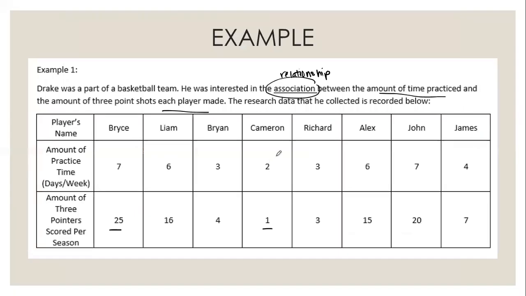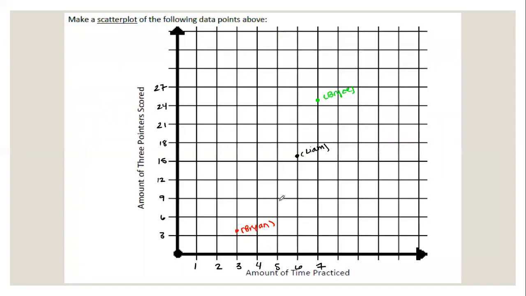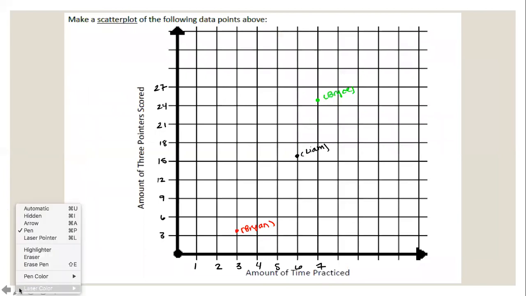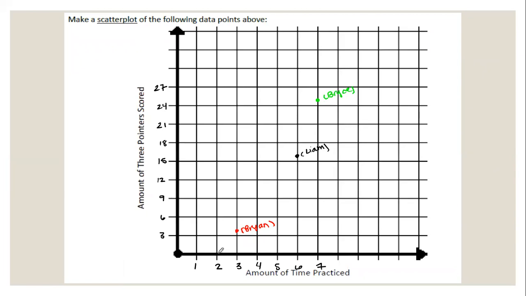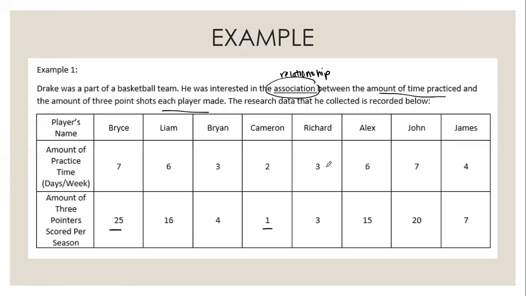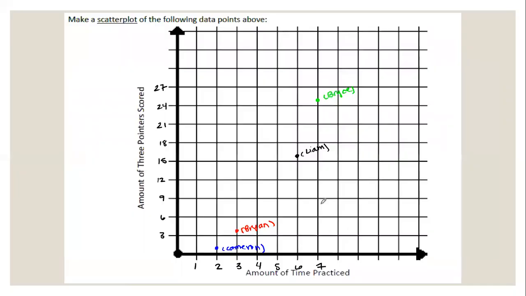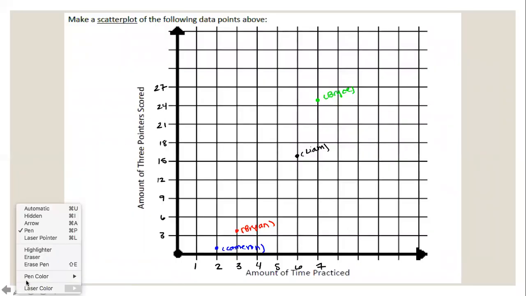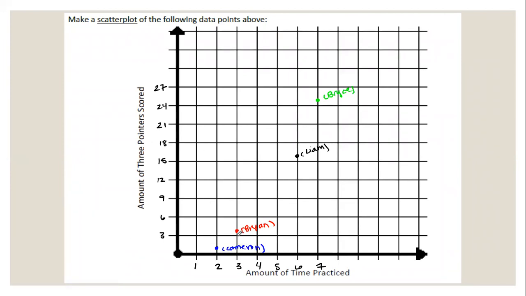All right, Cameron practiced 2 days out of the week and only scored 1 three-pointer. Cameron. So 2 days out of the week, 1 three-pointer. Richard practiced 3 days out of the week and got 3 three-pointers. 3 and 3.